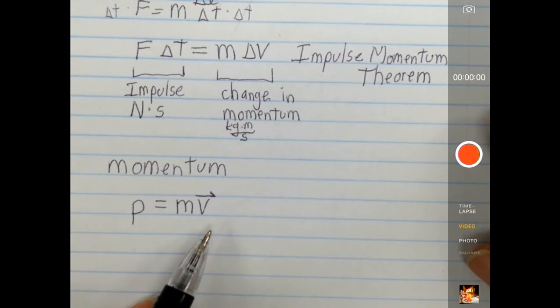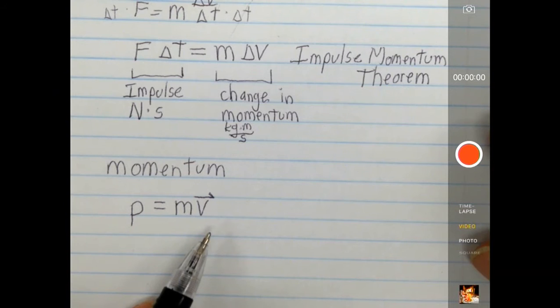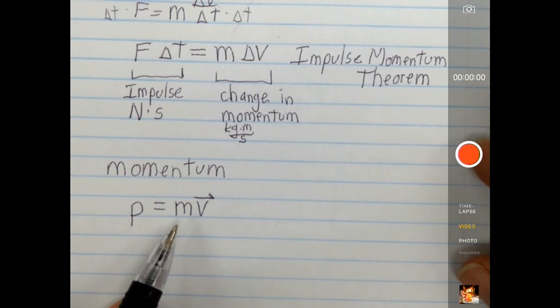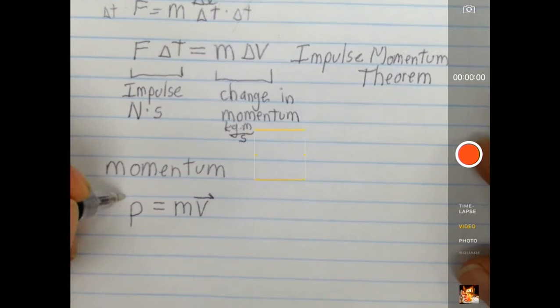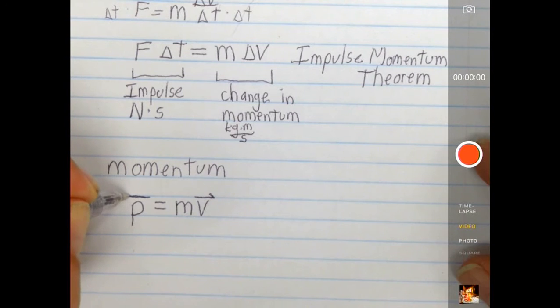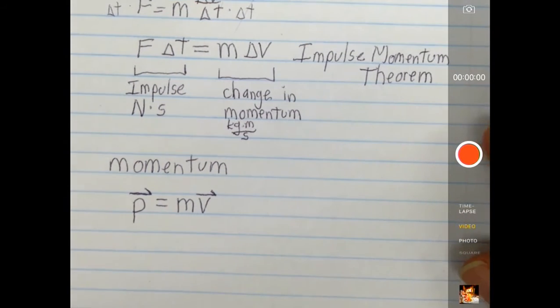Velocity has direction, like I'm going east, I'm heading to the right. When you multiply a scalar times a vector, you get a vector. So I'm going to add the little vector arrow above the lowercase letter p as a reminder to you that momentum is a vector.